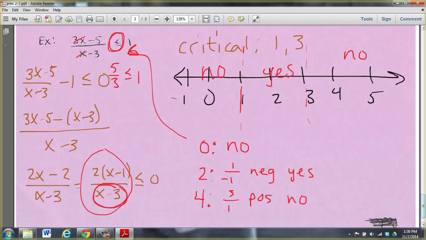So I'm going from 1 inclusive to 3 non-inclusive. Alright, hopefully that makes sense to you. And of course we would have hard bracket there, soft bracket there, like that.